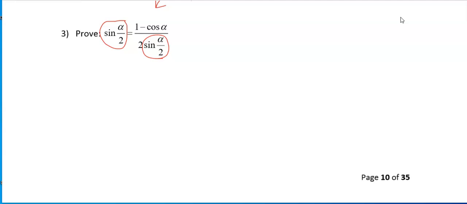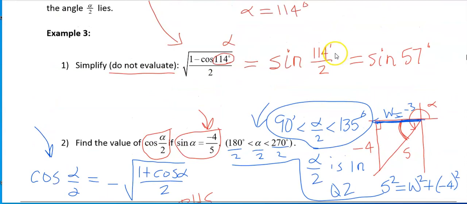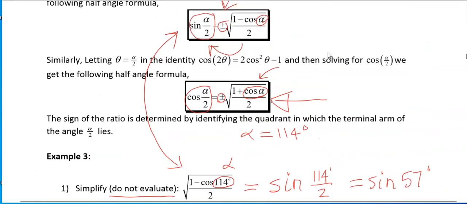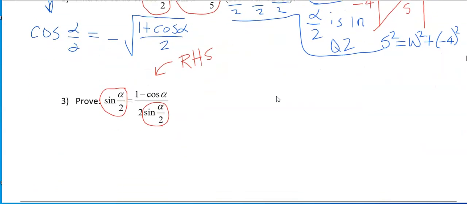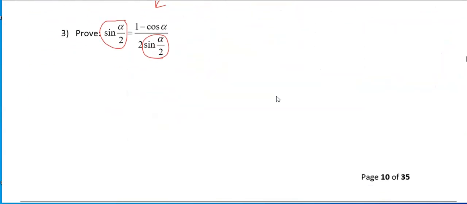In fact, I did the proof using that substitution, and it took me about 8 to 10 steps. So I tell you what, I'm going to make life a little easier for you.